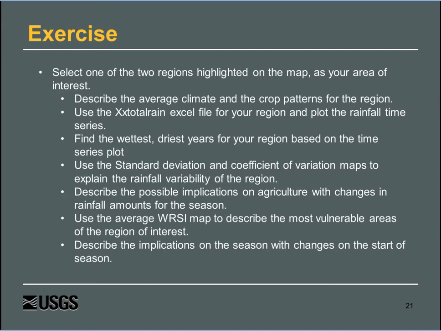We're going to ask them to use Excel and to plot the time series for both the rainfall and WRSI, and understand those time series, find when was the wettest year, the driest year, and look at the variability of whichever region they selected, and describe the possible implication on agriculture due to the variability and the time series of the two, the rainfall and the WRSI.